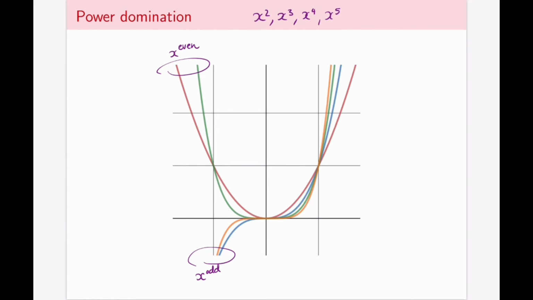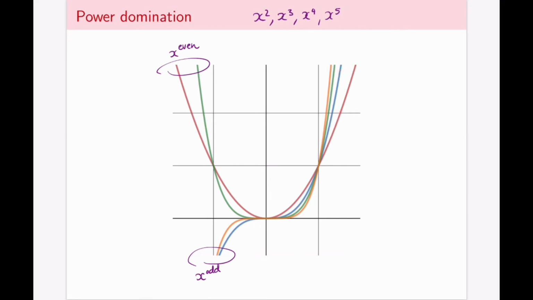What the power domination suggests is that you notice that here, near the origin, the red function was the highest. It had, for the x value, the highest y value, whereas after the switch point at 1, it became the lowest, the one that produces the smallest y value for any given x value here.